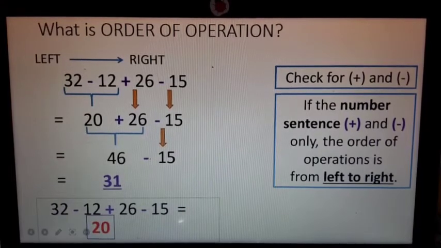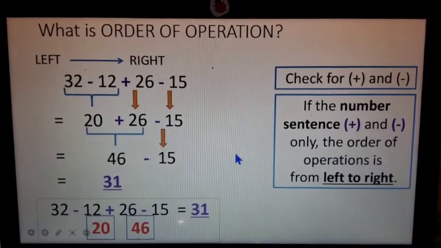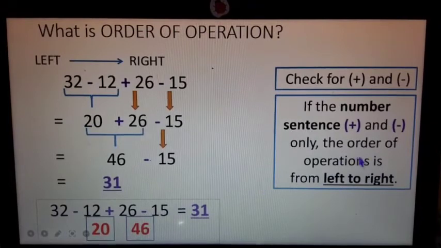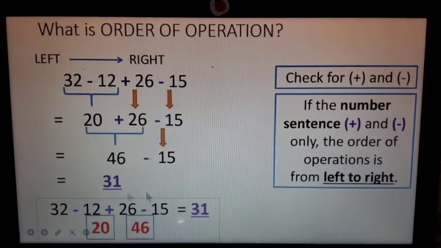Alright, from the left. So 20 plus 26 is 46, and 46 minus 15, you got 31. That is the same method from left to right, as long as there is only plus and minus in it. Alright, so you can solve it from left to right.